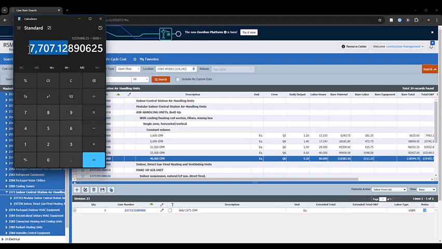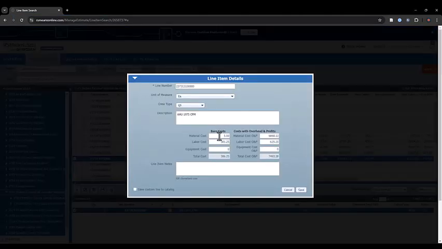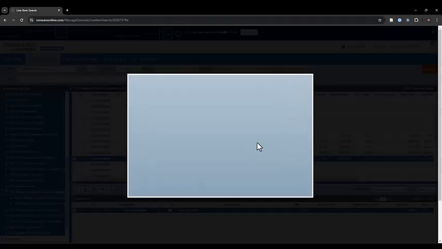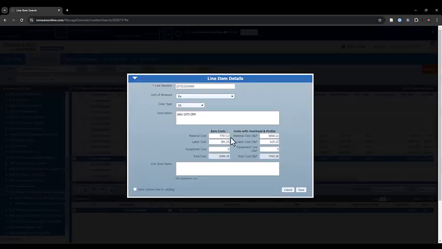Okay, so we have this. That way I can adjust the cost of this one, the material cost.